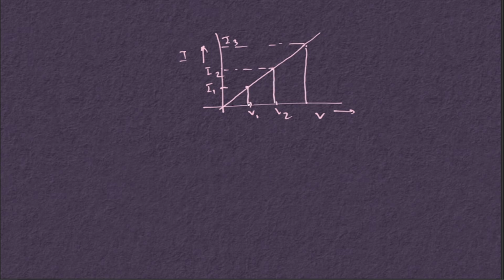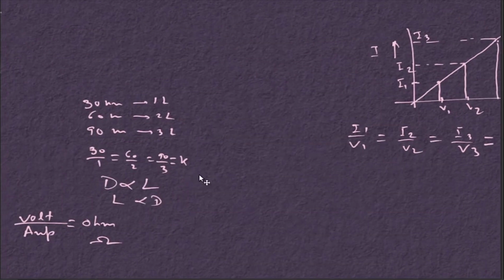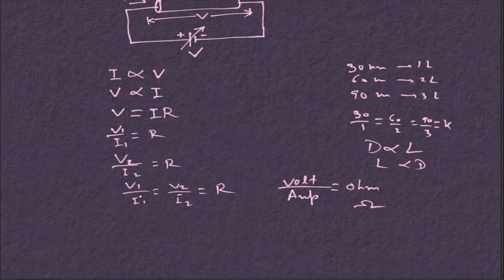So this I1 by V1, what is this? I1 by V1 is the slope of the line, which is the same as I2 by V2, which is the same as I3 by V3, that is the slope of the line. Now let us see what I by V is.